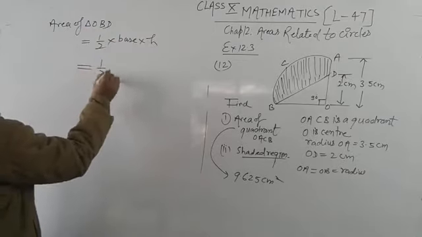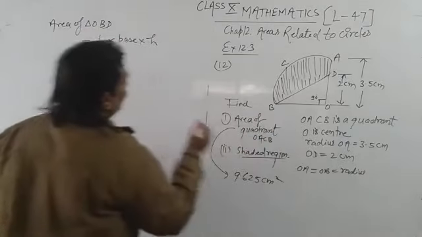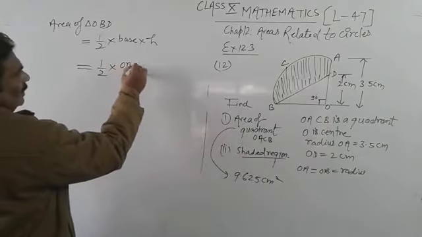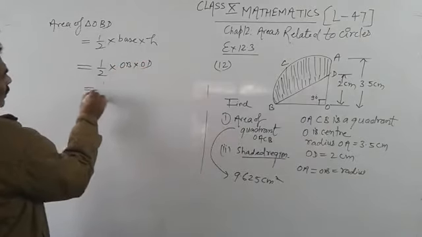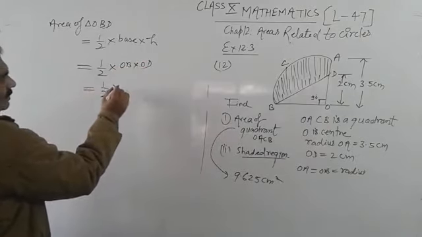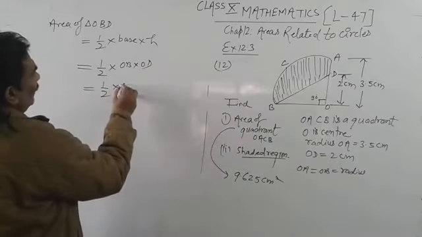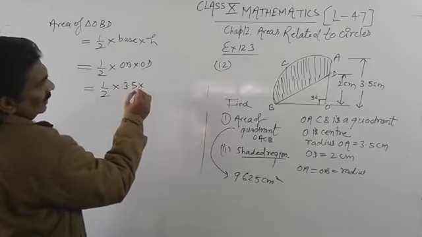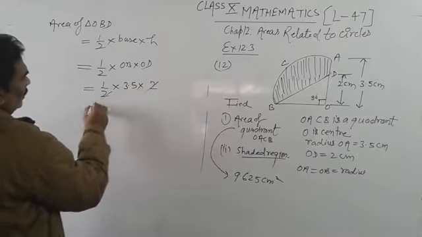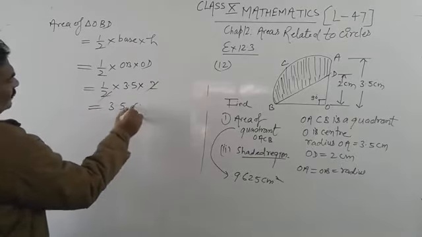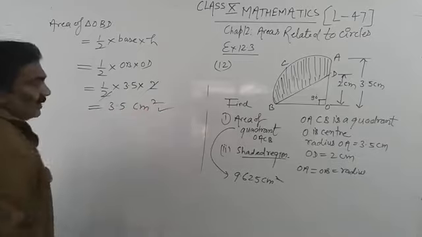Base is OB and height you can write OD. So 1 upon 2 into OB, which is the radius, 3.5, and OD is 2. To cancel out, it means 3.5 centimeter square. This is the area of the triangle.